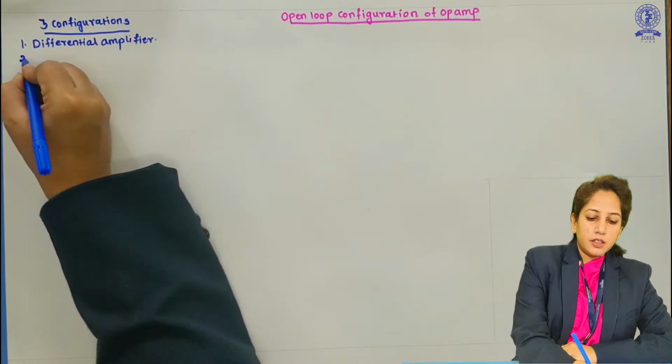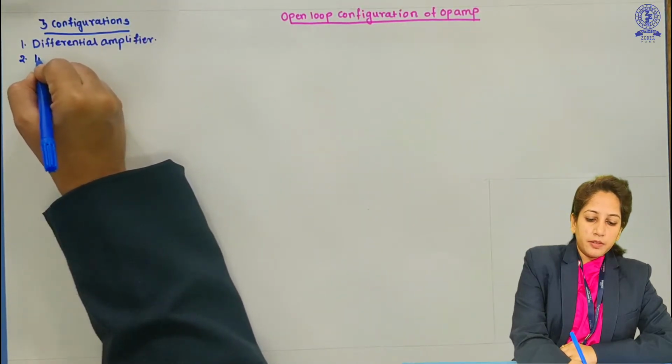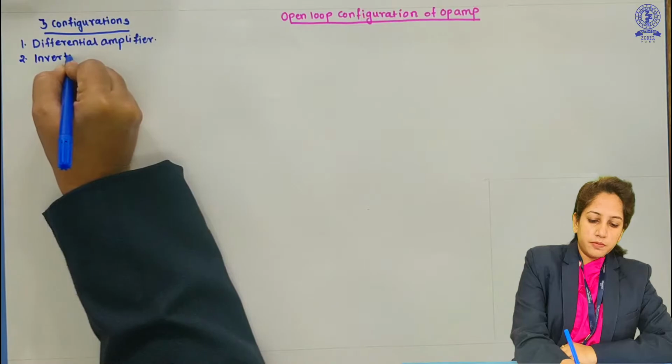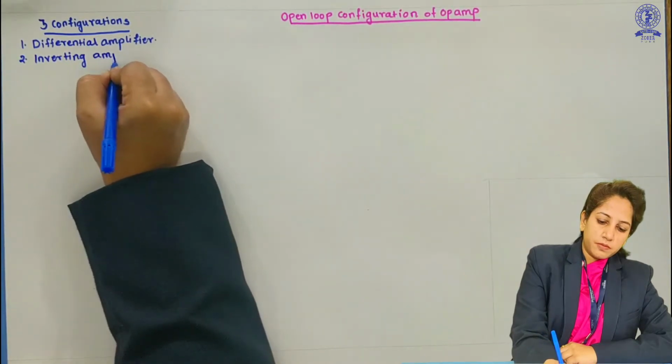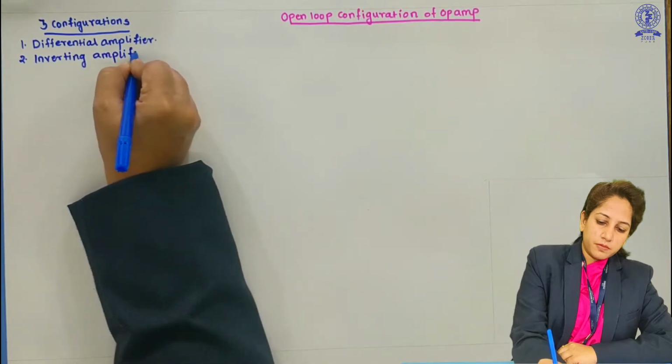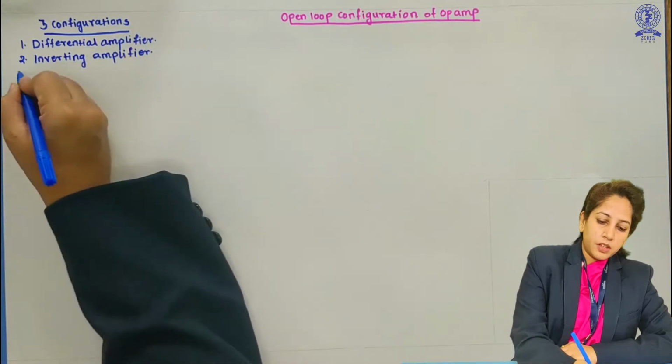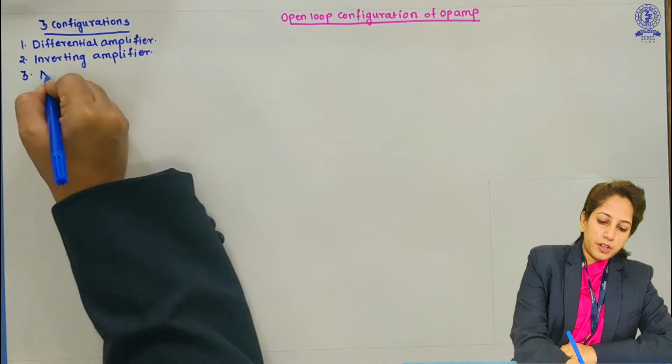Second is inverting amplifier. And third is non-inverting amplifier.